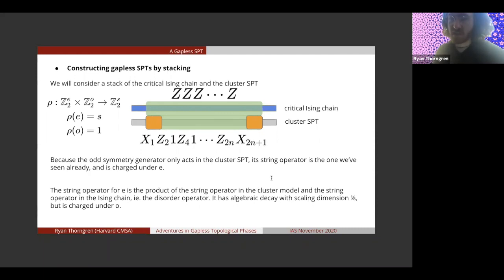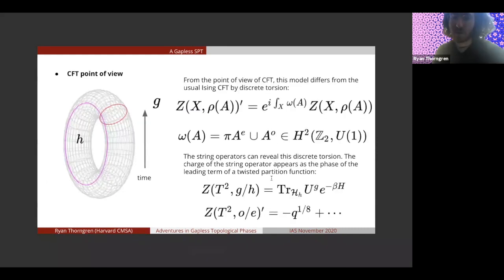Okay, so the situation here is that only one of the string operators has long-range order, the other one has algebraic decay. So the question is, what happens with the boundary? For people who like to think about CFTs, you could think about this model as having some discrete torsion.